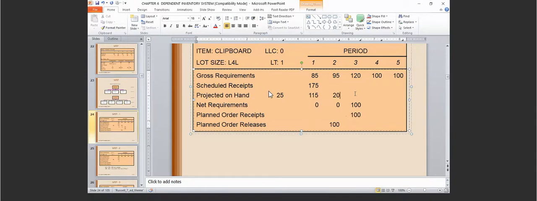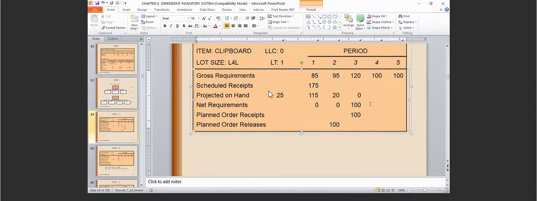So at the end of period 3, the projected on hand inventory will be 0. So 100 plus 20 unit here minus 120, we have nil.